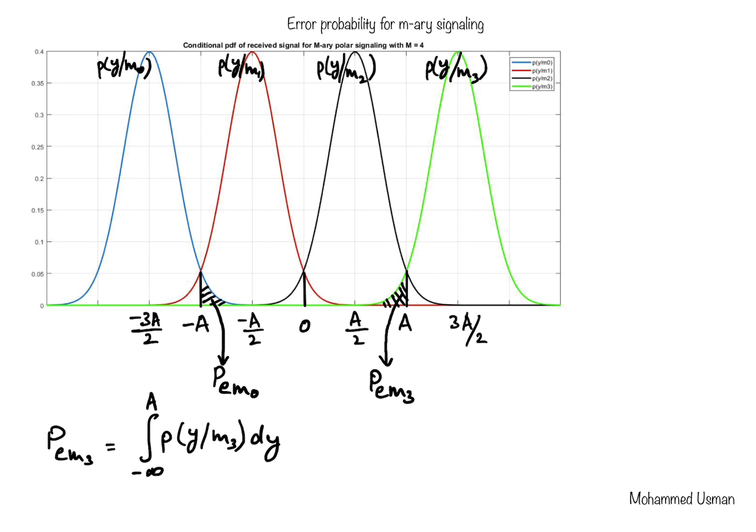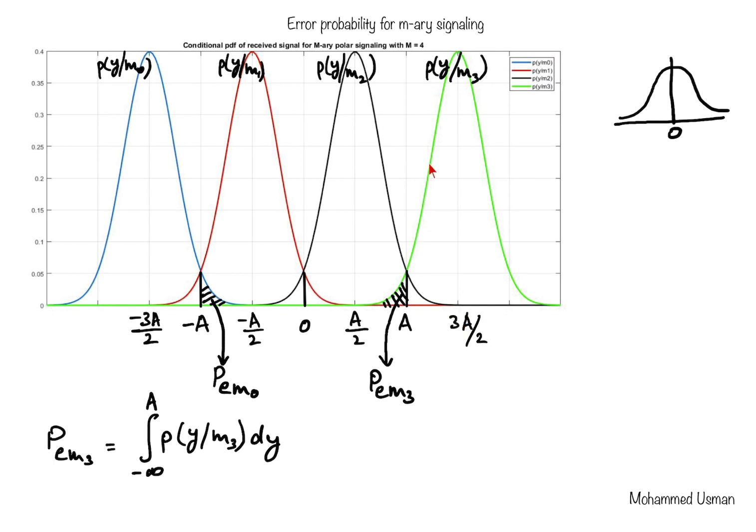Now again, we want to represent this as the Q function, and to do that, we need to have this PDF centered on 0. Now the PDF for M3 is centered on plus 3a by 2.